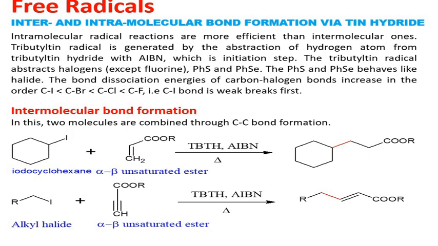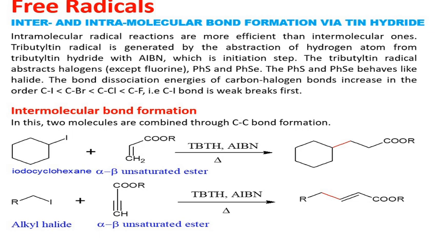Now see the following reactions. We have four reactions to study the intermolecular bond formation. See the first reaction, which we have already studied in the point electrophilic and nucleophilic free radical.